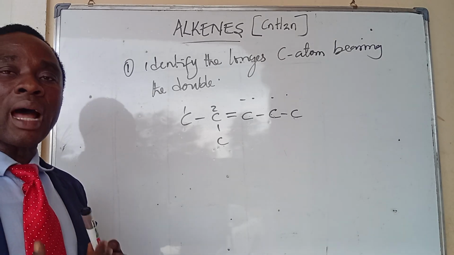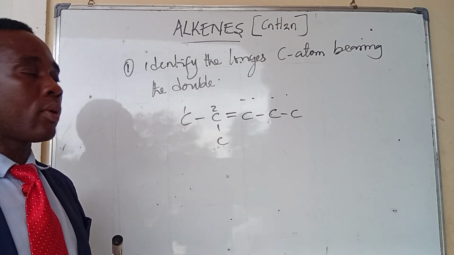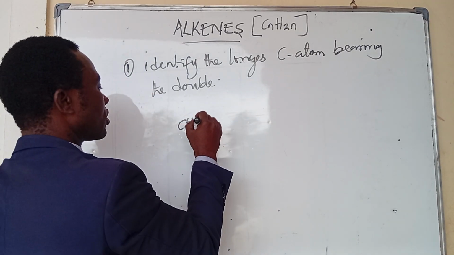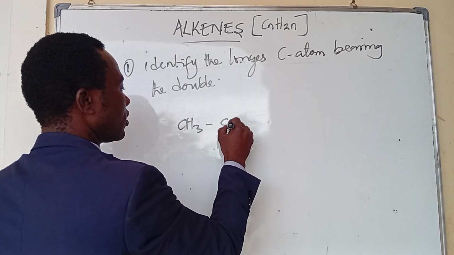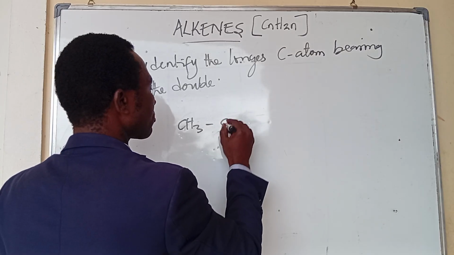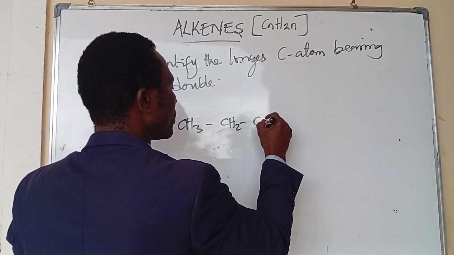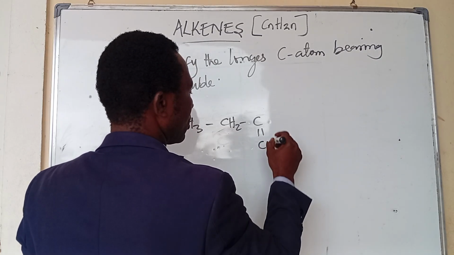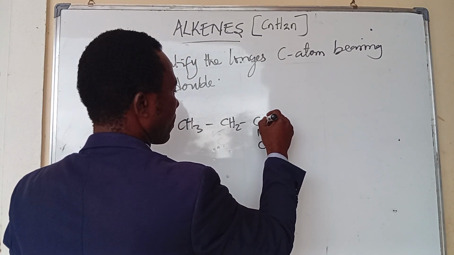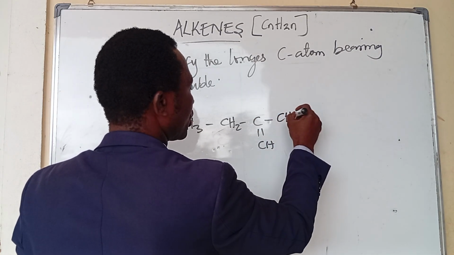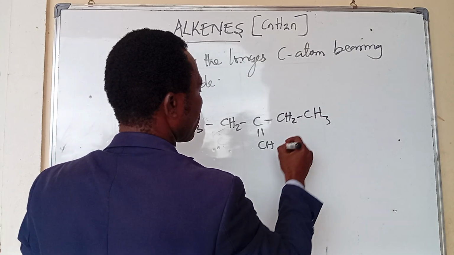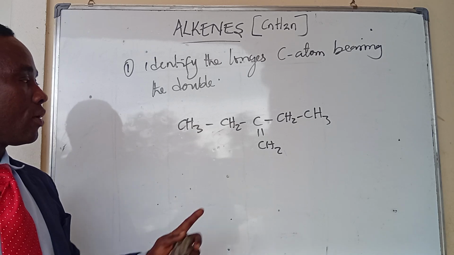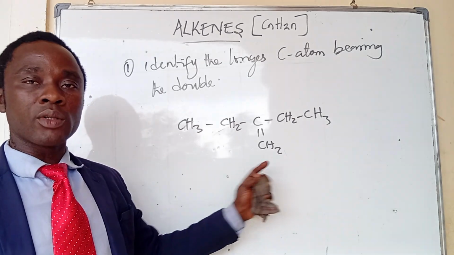Now we are on identifying the longest carbon chain. If we have an alkene that is CH3, CH2, CH, then here we have a CH2, CH3. This is an alkene. Now, if this is an alkene, what is the longest carbon chain?